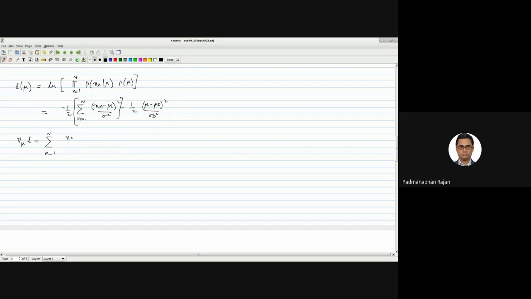So I get the summation over n of (xn minus mu) by sigma square, minus (mu minus mu naught) by sigma naught square, and I equate this to 0.